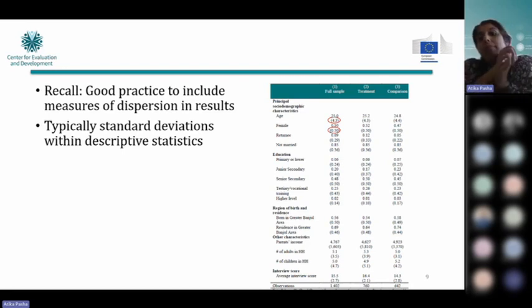There are variables, for example, such as age, that are not likely to be very dispersed. You're generally going to find the youngest individual in your sample is probably still above 18, whereas the oldest, because it's a youth training program, is potentially no more than 40, right? So this is not such a widely dispersed sample. However, income, on the other hand, another variable that we are interested in, can be extremely dispersed.